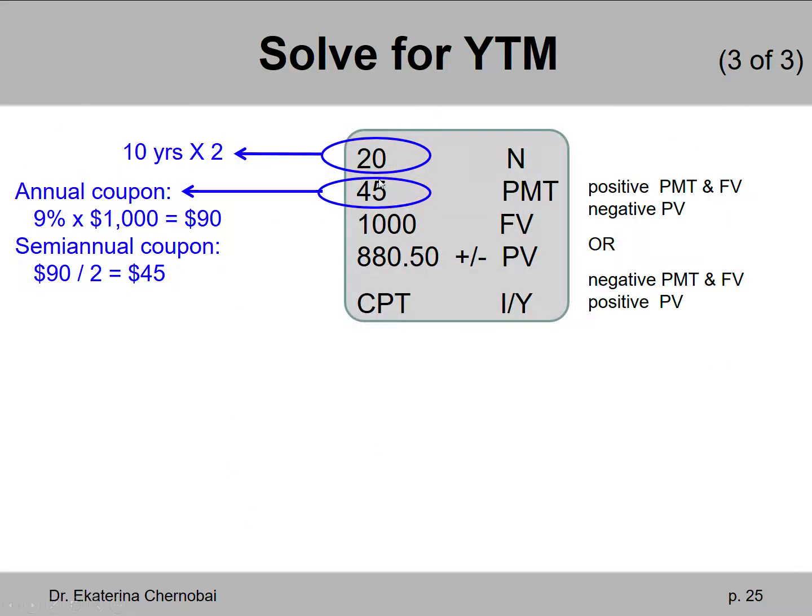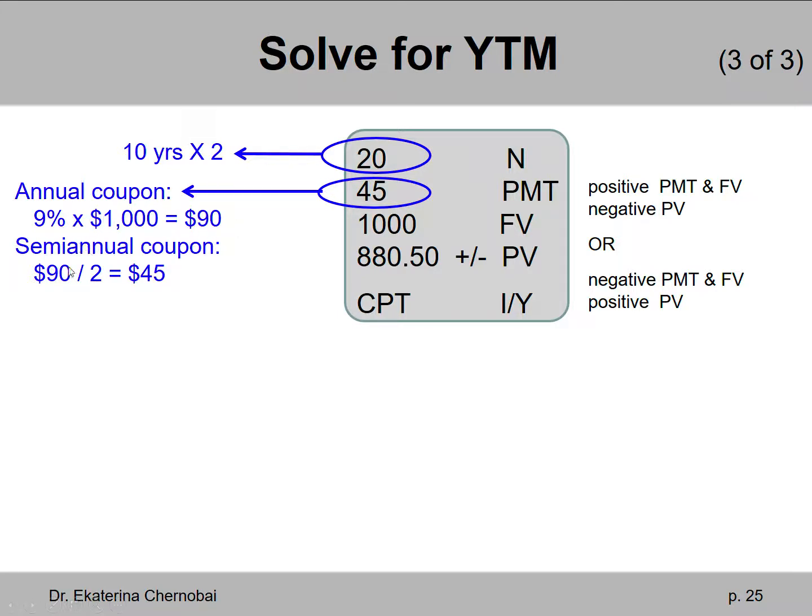Okay, in the financial calculator, we are given 10 years, but we are going to have to input 20 for the number of coupons, right? Just like before. For the PMT, the coupon amount, every year, we need to do 9% coupon rate multiplied by 1,000, which gives $90 per year.